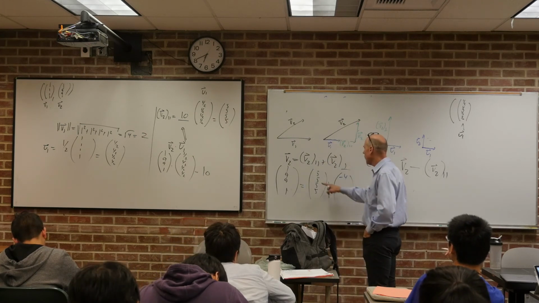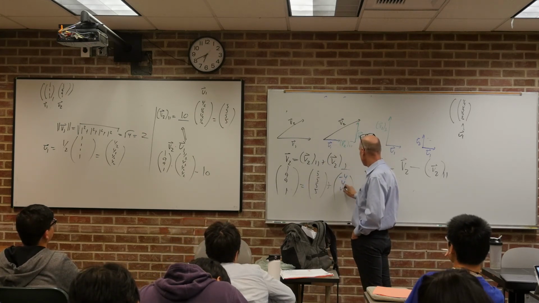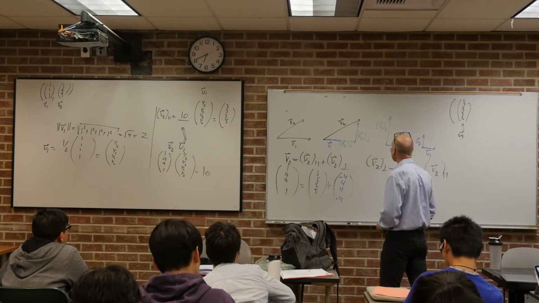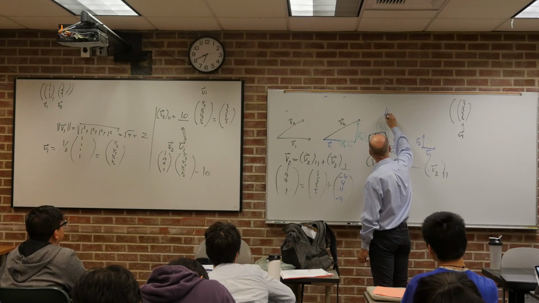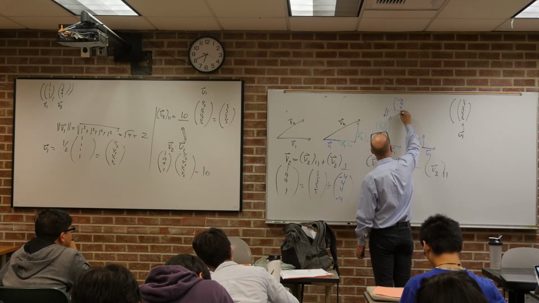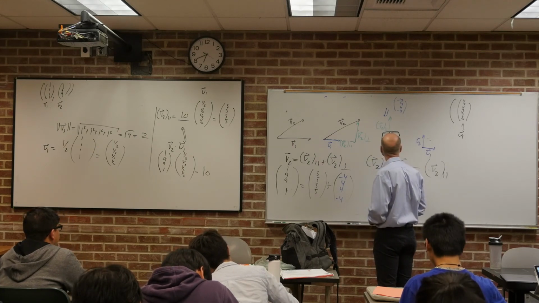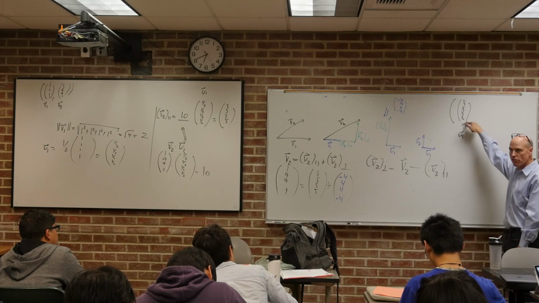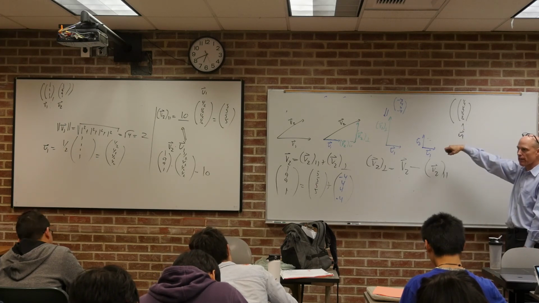So my V2 perp is -4, 4, 4, -4. Is that perpendicular to this one? You can check the dot product, or just by the way we constructed it, it has to be.